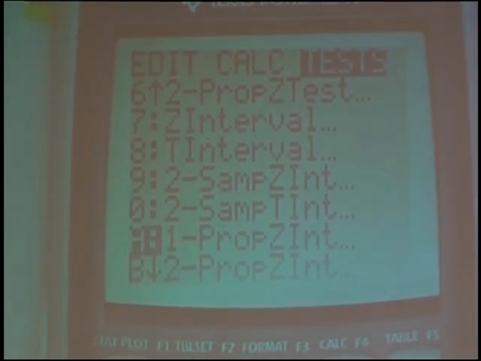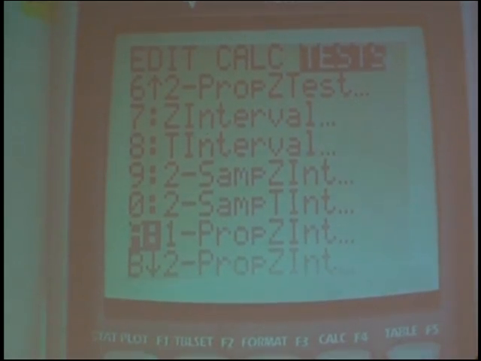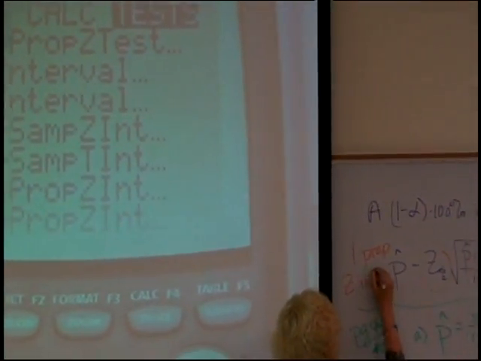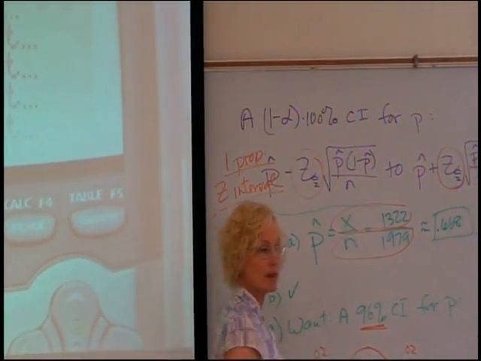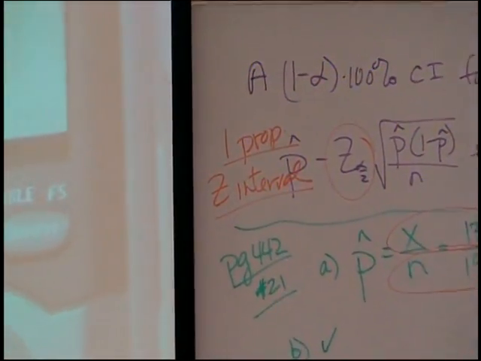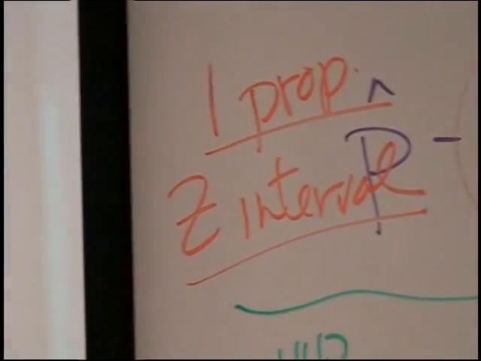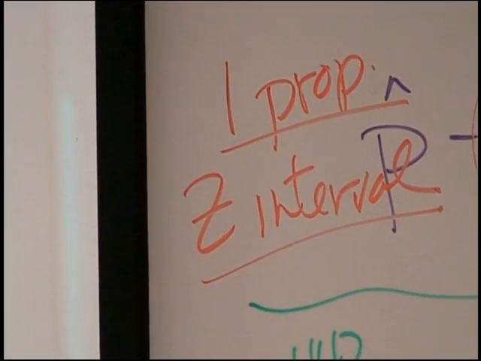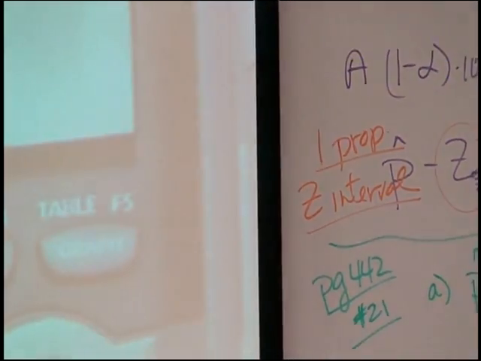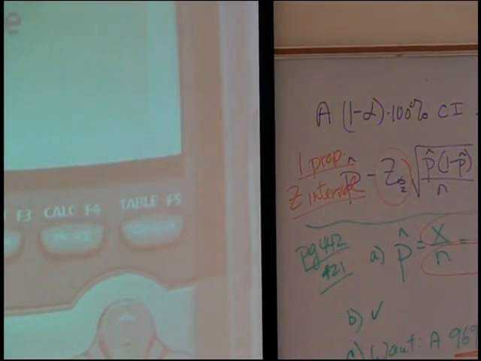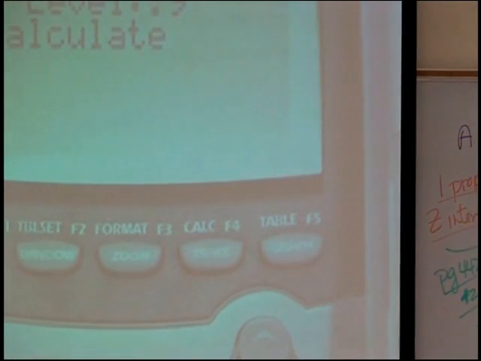So that's this formula. X, n, confidence level, and you're good to go. So we've got 1322 out of 1979. Confidence level 96.